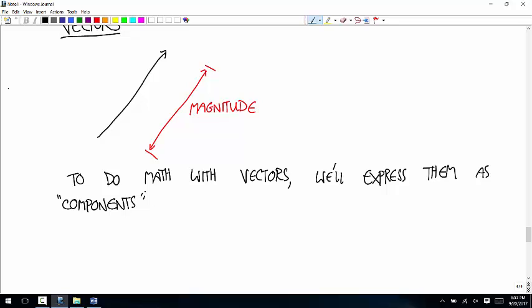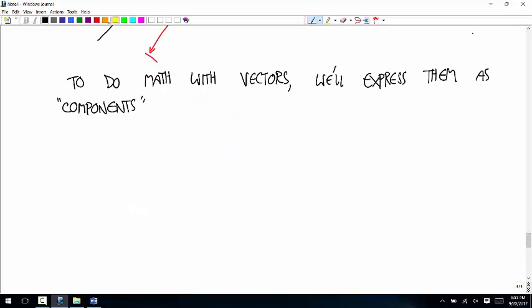So what that means is, if you move the tail of the vector to the origin of your coordinate system, and there's no problem doing that because a vector only has a direction and a magnitude. It doesn't have a position. So without changing what a vector is, you can move it wherever you want. Okay, we're going to move it to have the tail at the origin.